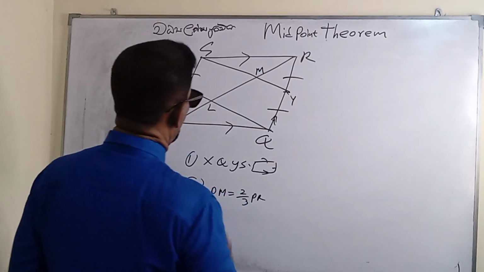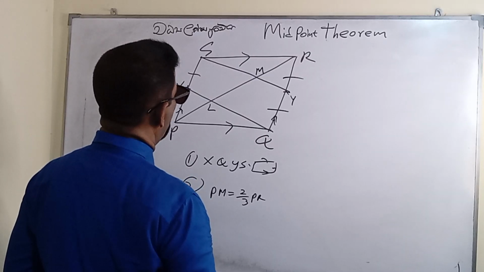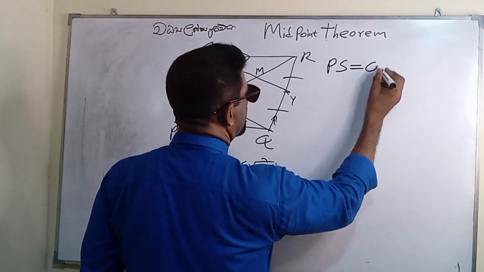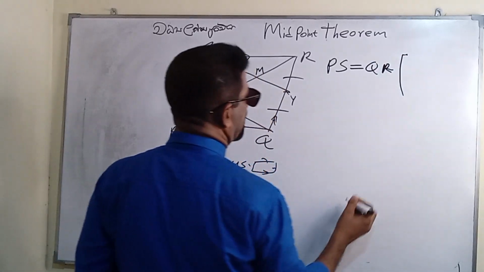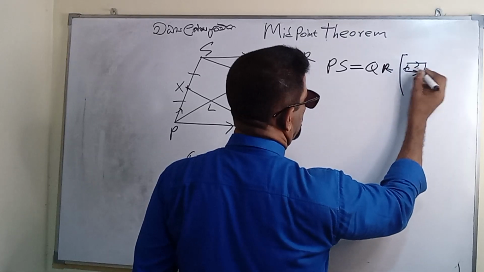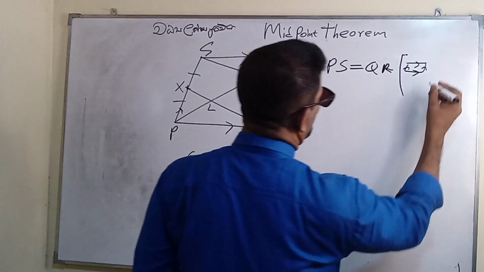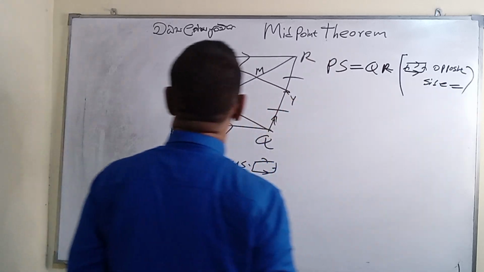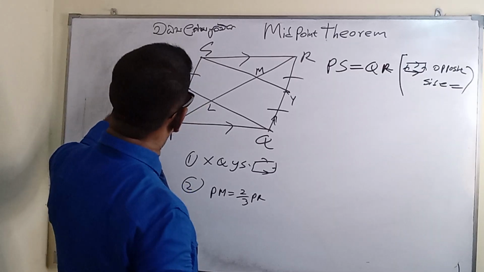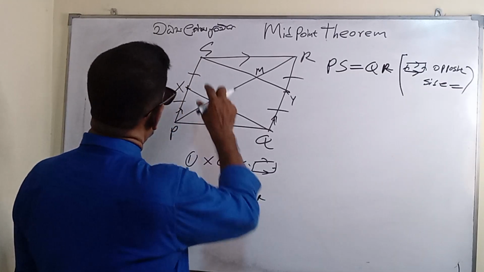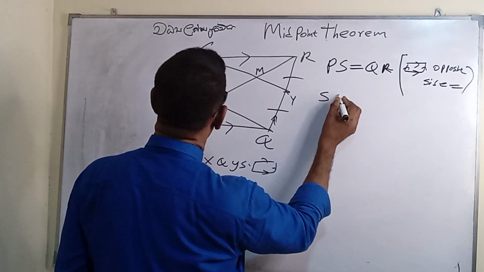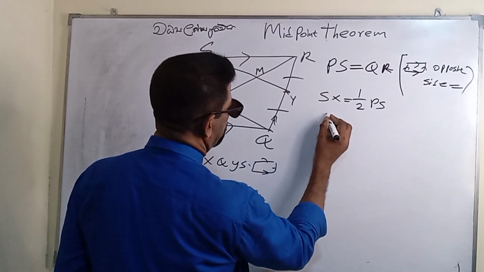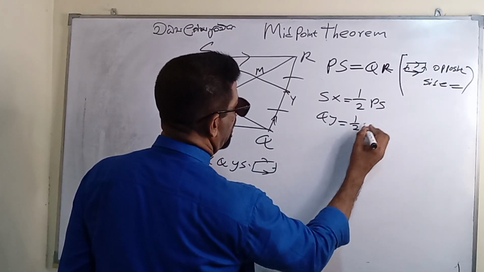First, PQRS is a parallelogram. We know that in a parallelogram opposite sides are equal, so we can write PS equals QR, because opposite sides of a parallelogram are equal. Then X is the midpoint of PS, so SX equals half PS. Y is the midpoint of QR, so QY equals half QR.